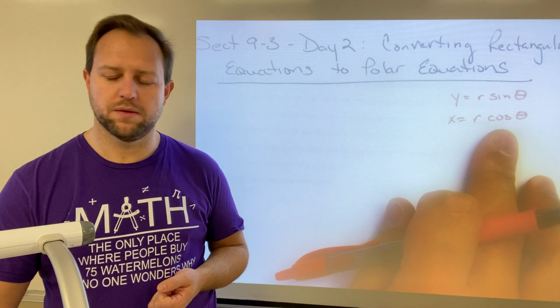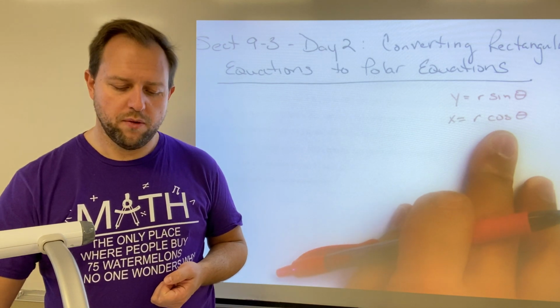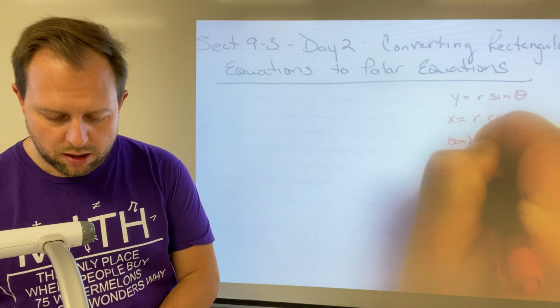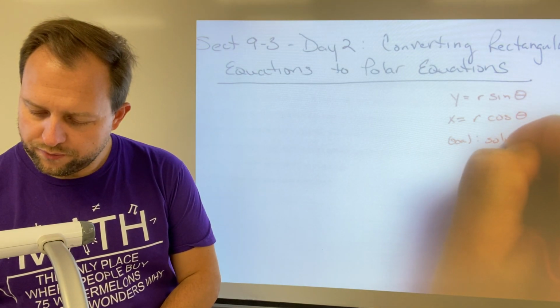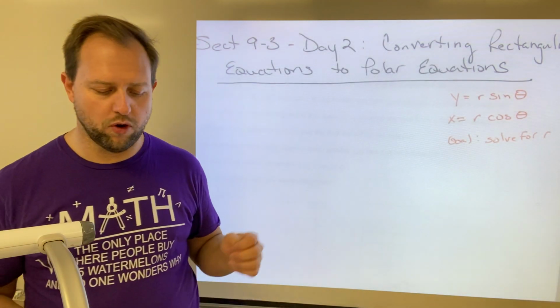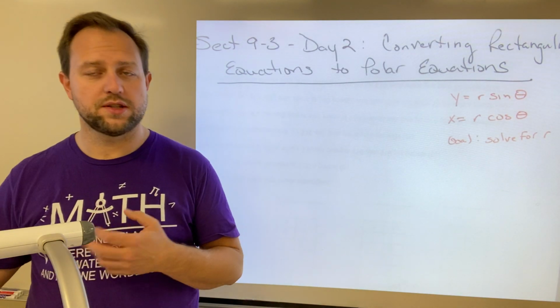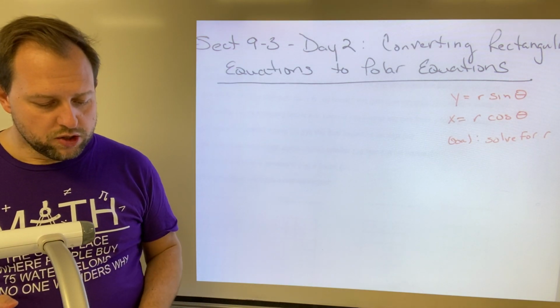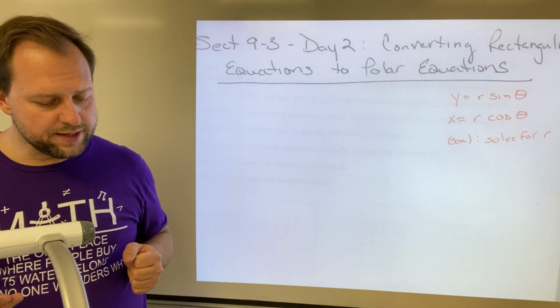Algebra 1 scale. We're going to be substituting. Then we have to solve. And our goal at the end is to solve for r, so it's in the form r equals some function. Okay? So that is the game plan.